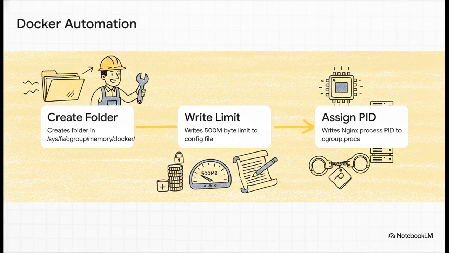It takes our 500 megabyte request, converts it into bytes, and writes that exact number into the memory limit configuration file inside that new folder. Step 3. Once the Nginx process actually spins up, Docker grabs its process ID, its PID, and drops that number right into a file called cgroup.procs. The exact moment that PID hits the file, the kernel formally links the Nginx process to the 500 megabyte limit. The handcuffs are securely on.